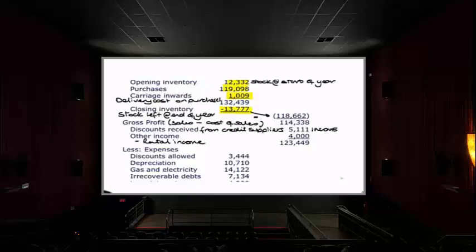Okay, so you could have rental income, you could have commission that you receive from referrals. Okay, there's lots of different forms of other income which you'll come across throughout the course. But any income that's not your day-to-day trading income is essentially added to gross profit and then subtotaled once again. Now that subtotal doesn't really have a name, it's just a subtotal. Gross profit plus other income, if you like.